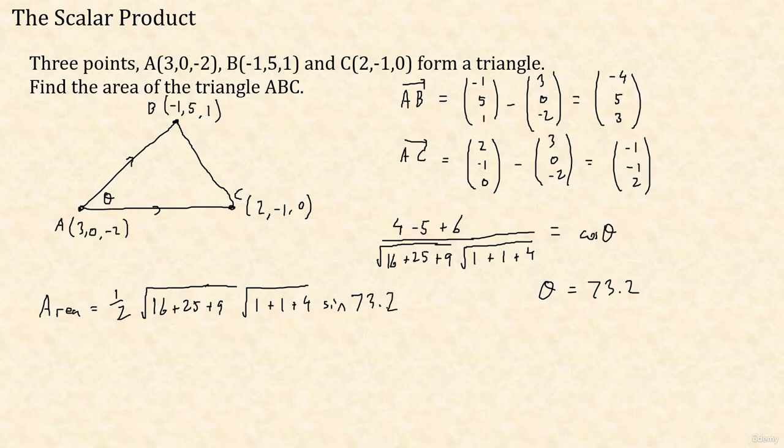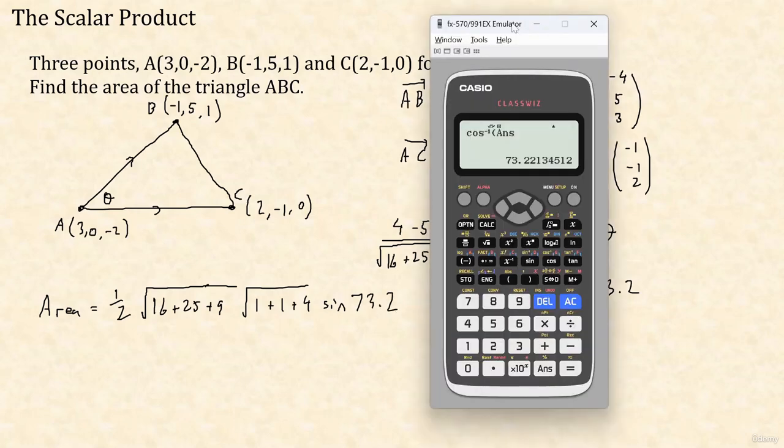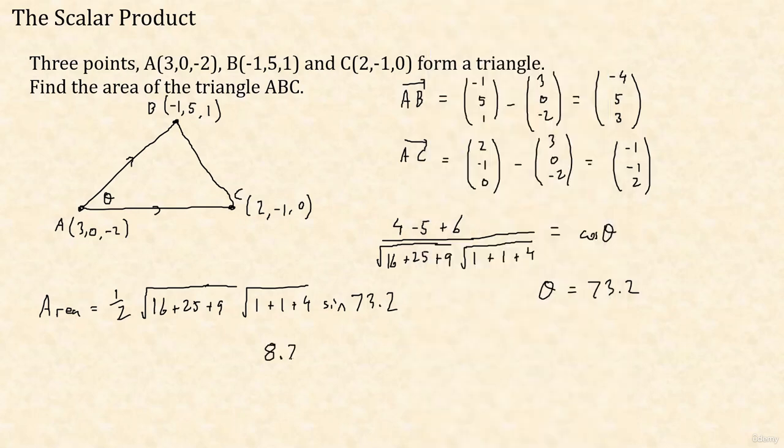And we can just, again, key that in one go. So keying this in carefully, it's half times the square root of 16 plus 25 plus 9 times the square root of 1 plus 4 times sine of my last answer. I'm just going to use that so I can get a nice accurate answer. And we get 8.29. So there's the area of that triangle, 8.29.